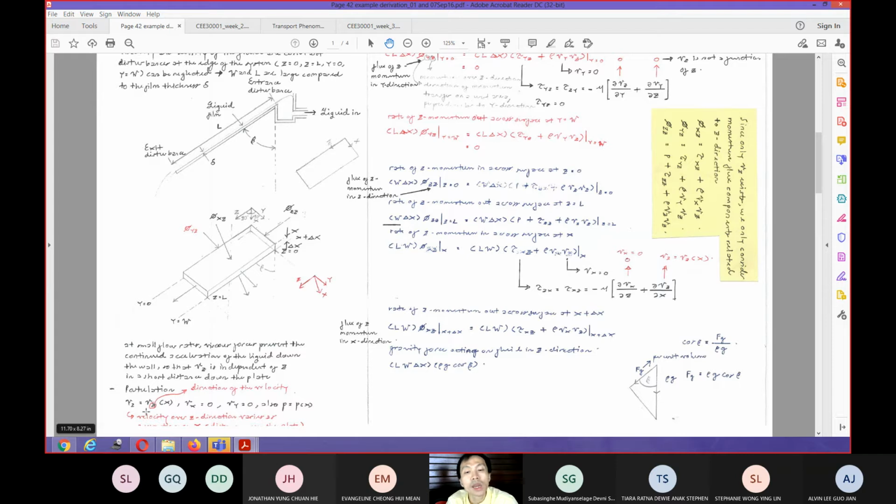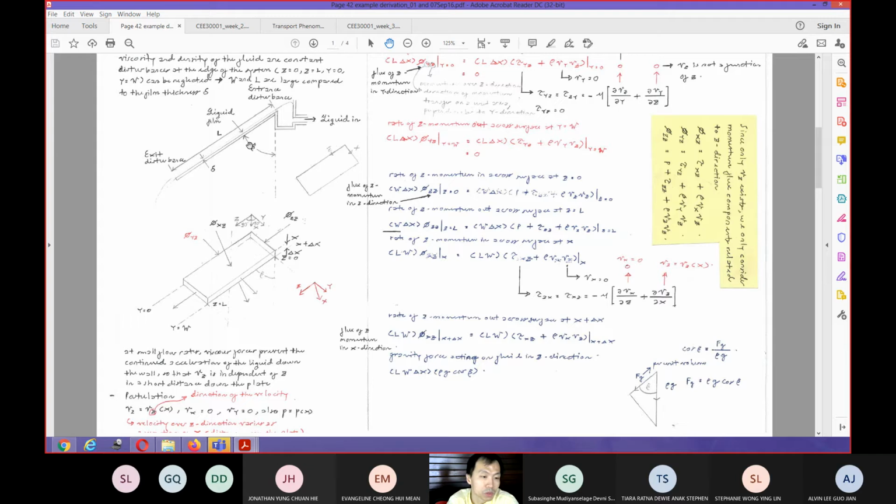And then we can also assume that the velocity in the z direction is a function of x. So why is it a function of x? Because the velocity on the top will be different from the velocity at the bottom. Because the velocity at the bottom is basically equal to the velocity of your solid surface, and we know that the velocity of the solid surface is basically 0 because this plate does not move.